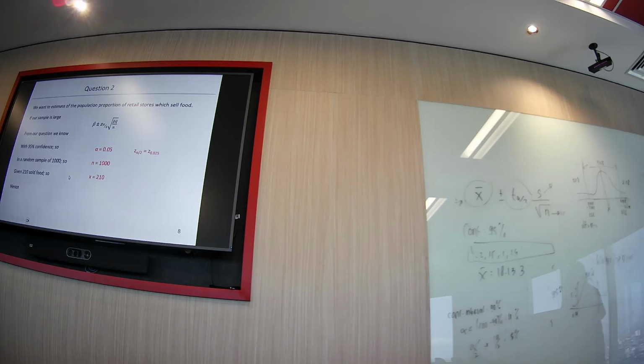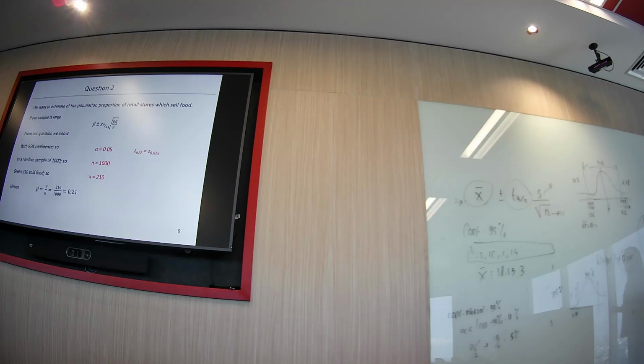If 210 of 1,000 sell food, the proportion is 210 over 1,000, which is 0.21. So 0.21 becomes your p hat.